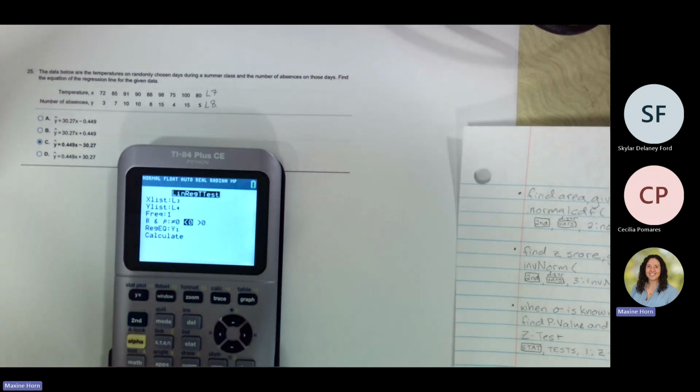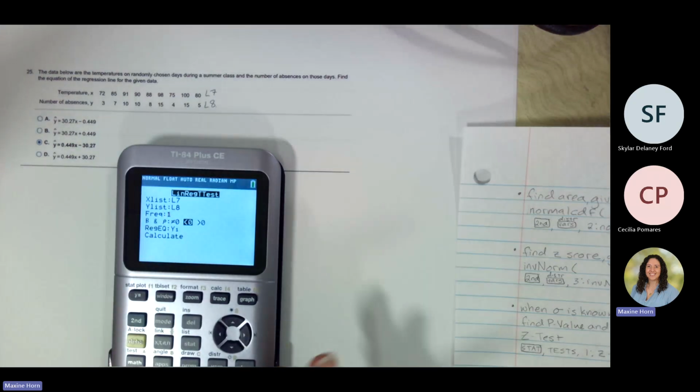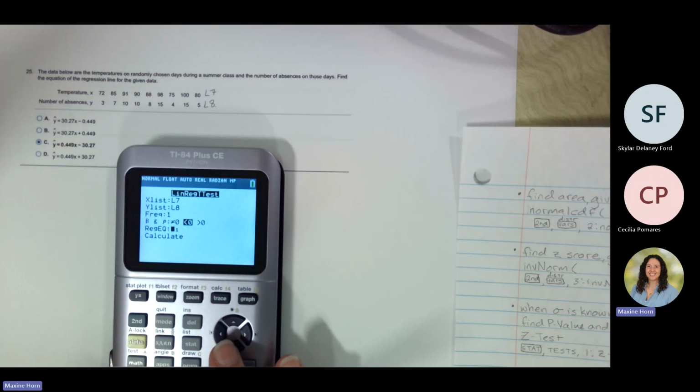So I am L7 and L8. Again, you want your frequency to just stay at 1. We're not changing that in this class. For right now, it doesn't matter which one of those you're choosing. If you want to make sure that the y1 is there because you want to look at the equation, you can.